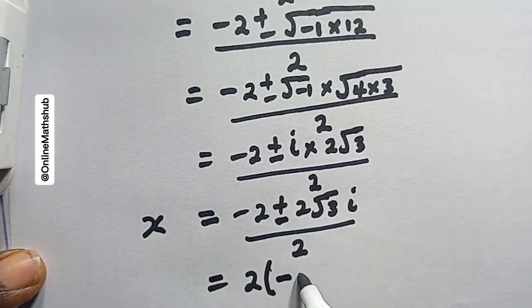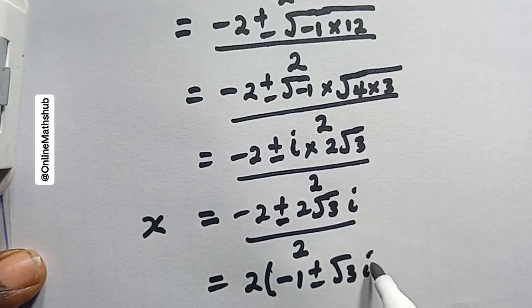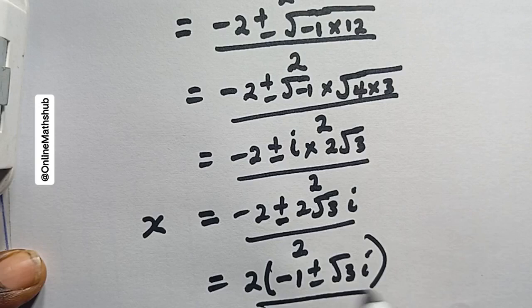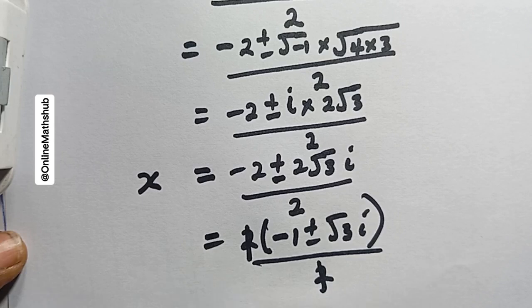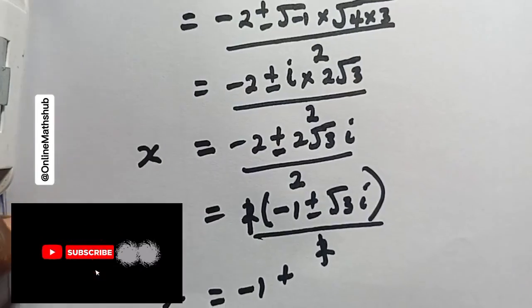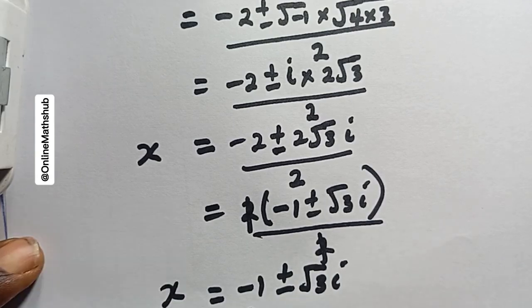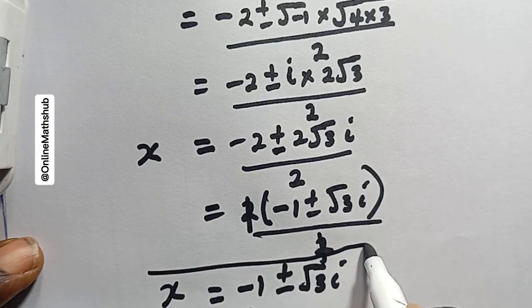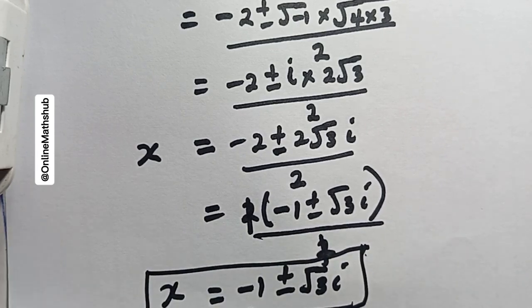So I have 2 into minus 1 plus or minus root 3 i, all divided by 2, so that these two can cancel, and eventually the next two values of x will be equal to minus 1 plus or minus root 3 i. So this is going to be the next two values of x.